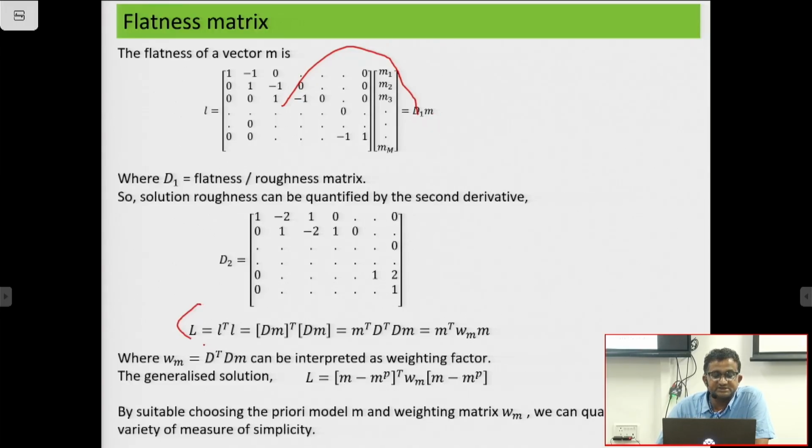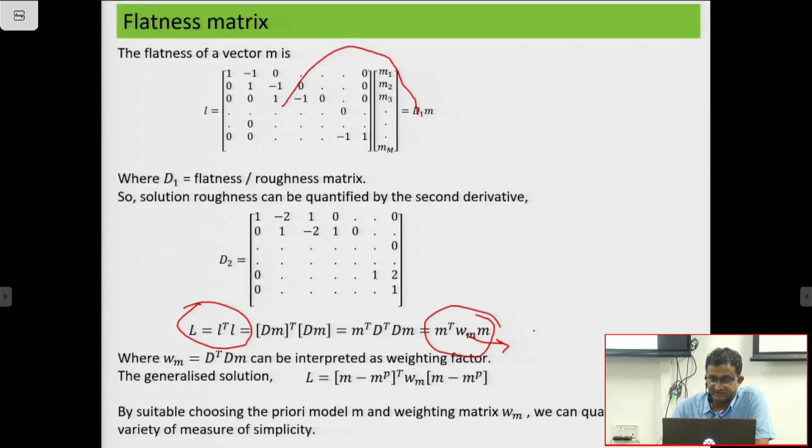We can express the length as the simple way to represent the complexity of your inverse problem. This length is nothing but a distance between the observations and predictions, and it can be expressed in combination with the weighting matrix, say Wm.